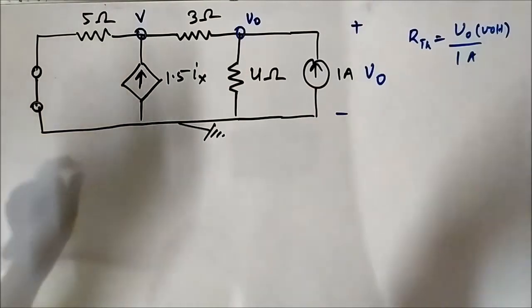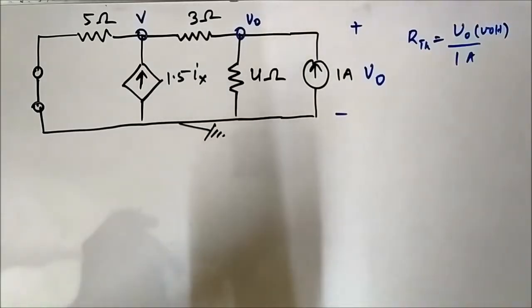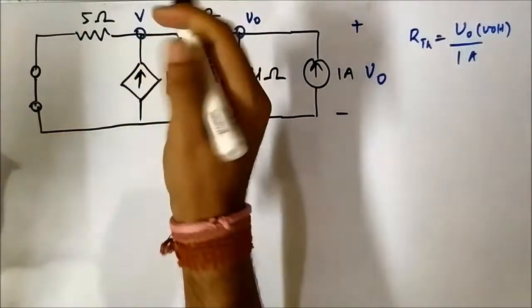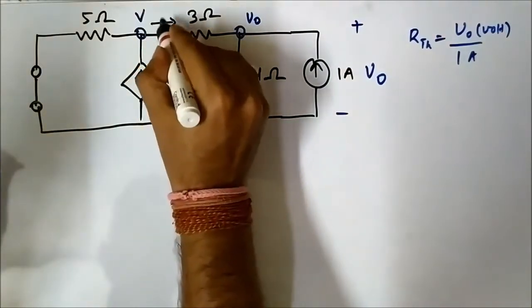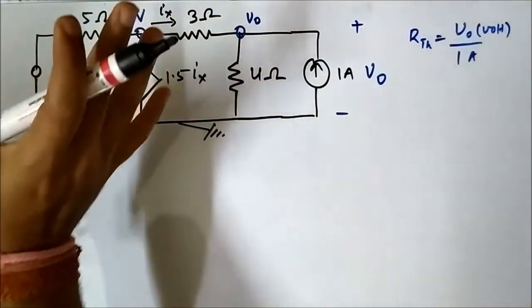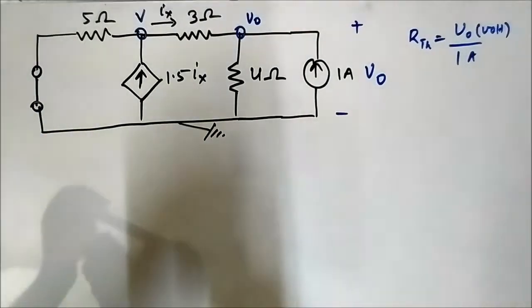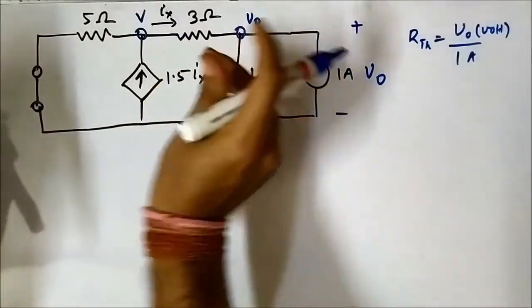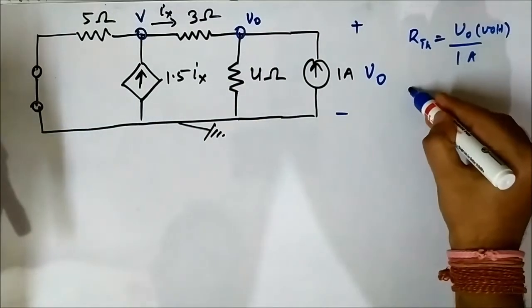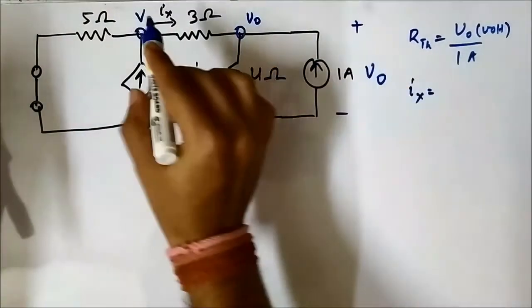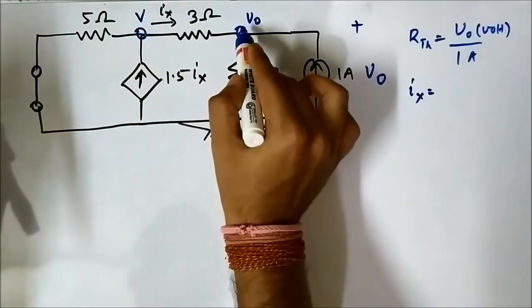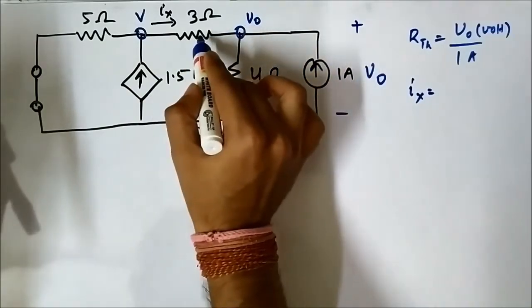So now we have to write the nodal equations. Another important thing, this is Ix, I missed out, this is Ix which is given in the question. So another important thing is to define Ix in terms of this circuit. Here Ix is this node potential minus this node potential divided by 3.